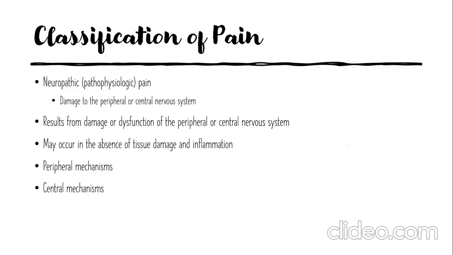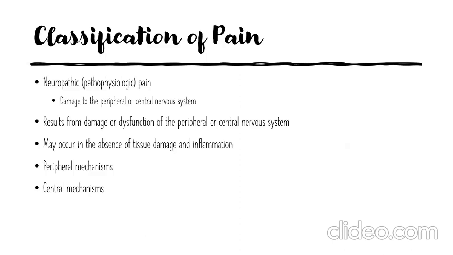But neuropathic pain. When they say pathophysiologic, that means there's been some damage to the body, basically. Neuropathic pain is related to disease processes, nerve pain, whether it's a degeneration of the nerves, or your peripheral nerves may be messed up from diabetes.